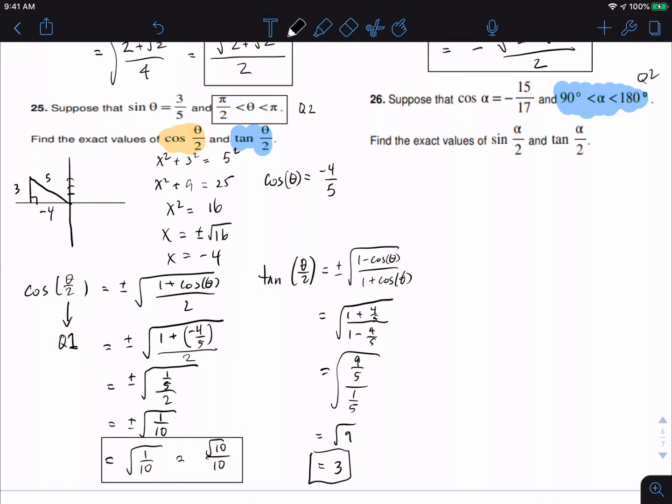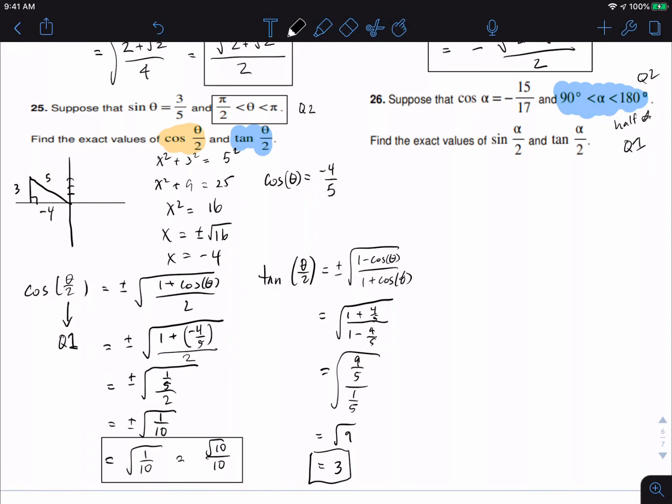But if we're going after the half angle, then half of alpha is going to put me in quadrant 1 again. So when we're looking at sine and tangent, they're going to be in quadrant 1. So that tells me that we're going to get the positive cases for both of those, correct?